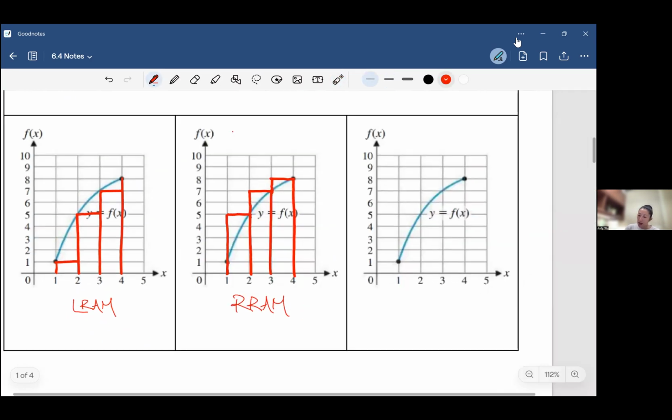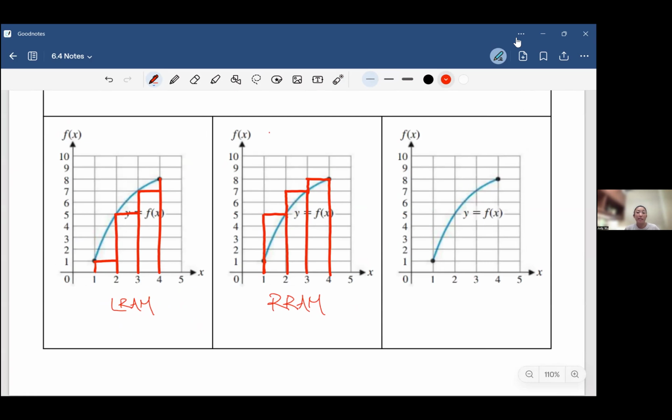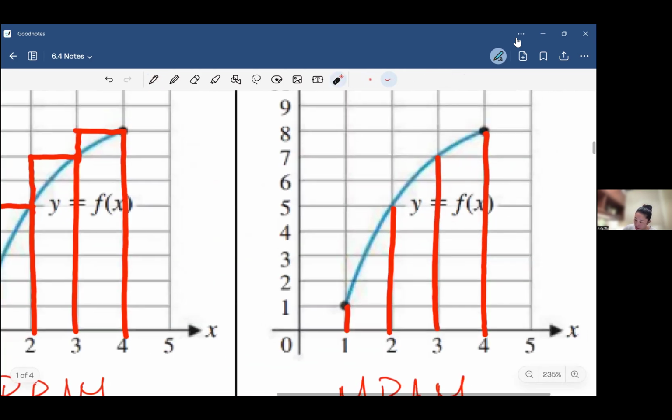And it turns out that at some point, someone was like, well, maybe we could just split the difference. Instead of saying LRAM and RRAM, what if we had a middle rectangular approximation, like a midpoint? Okay. And so let's take a look at what this might look like. We divide that space into 3. But this time, and let me zoom in on this first rectangle, instead of choosing the left y value or the right y value, I actually choose the y value that is literally at 1.5.